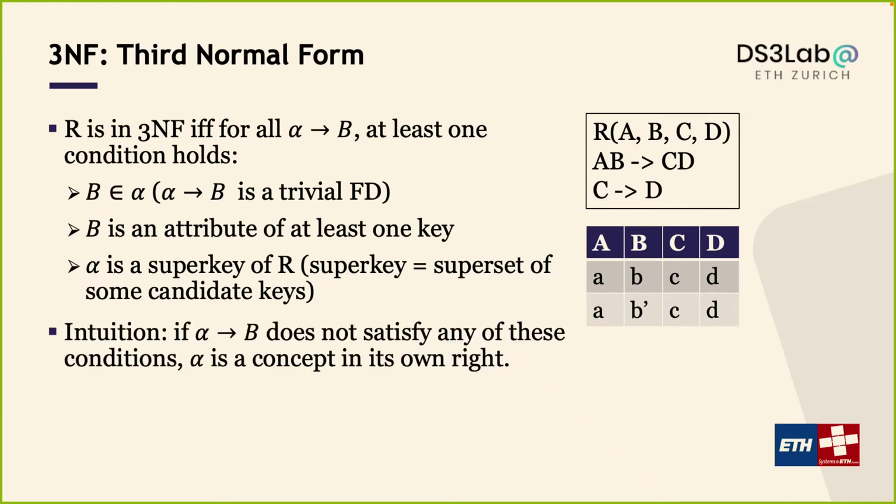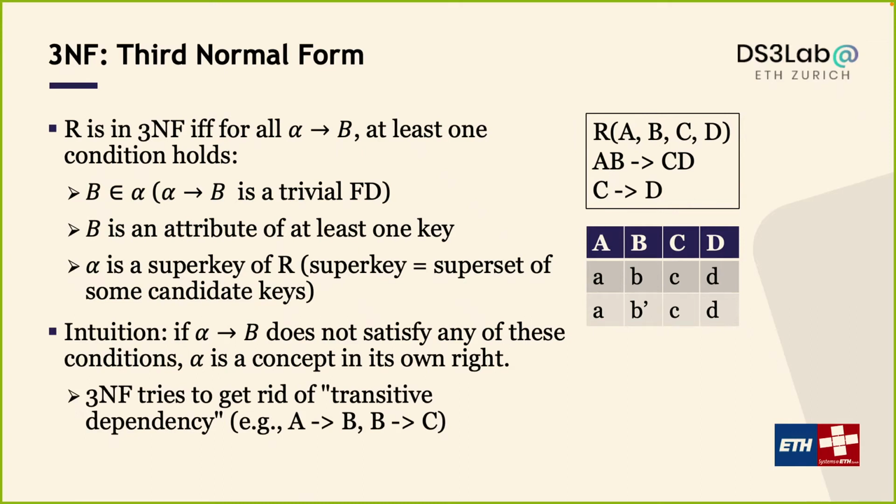The intuition behind it is, if you have a functional dependency that doesn't satisfy any of these conditions, that's a very strong indicator that alpha itself is a concept of entity in its own right, so it should deserve its own table.